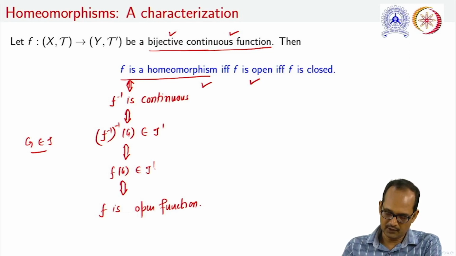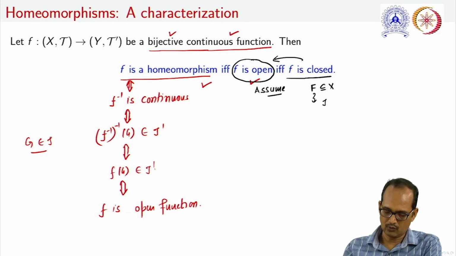Now if we are assuming that f is open, we can justify that f is closed and vice versa. Now let us assume that f is open and let us take a subset F of X which is tau closed. Now if this is tau closed, we can say that X minus F is tau open. Because this function is open, therefore f of X minus F is tau dash open.